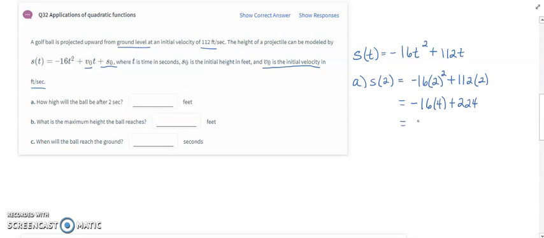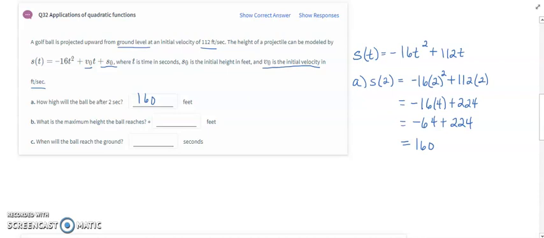So what is that? Negative 64 plus 224, and that is 160. So the ball will be 160 feet after 2 seconds.